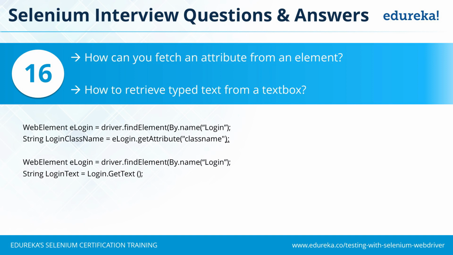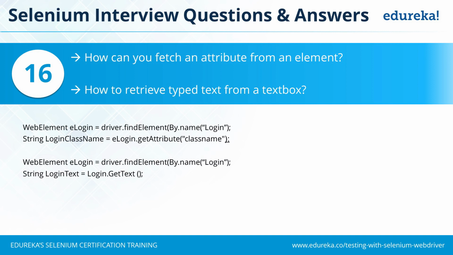So let's take an example where I have a web element, which is the login text box. I say WebElement elogin = driver.findElement(By.name("login")). So my web element is stored in elogin now, and I say that I want to get the attribute className for this particular element.